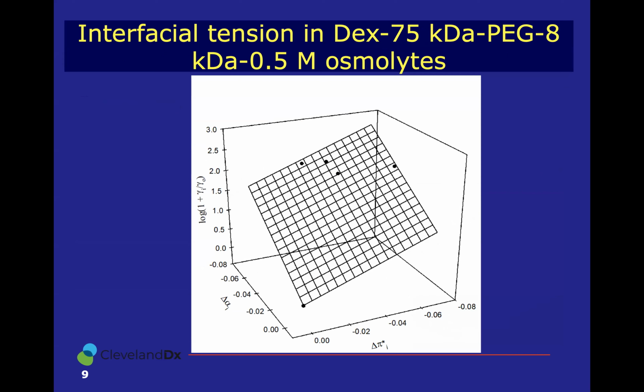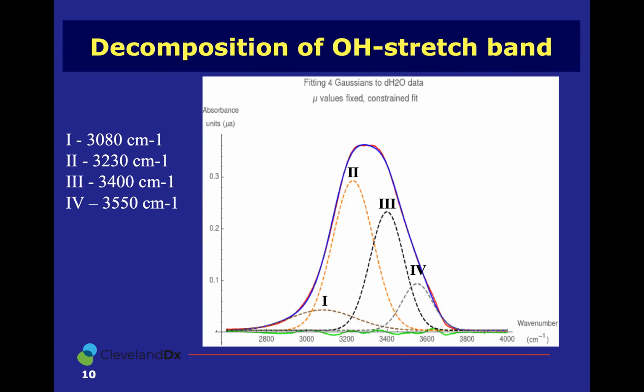And it turned out that when we measured interfacial tension in aqueous two-phase systems, it was very well described by the difference between solvent features of water in the two phases.